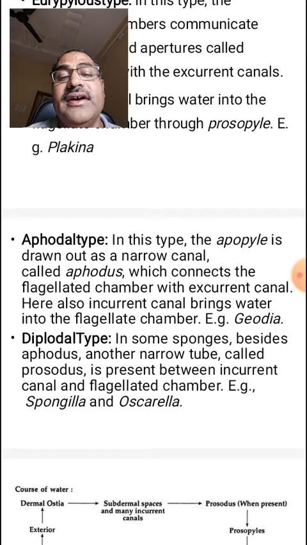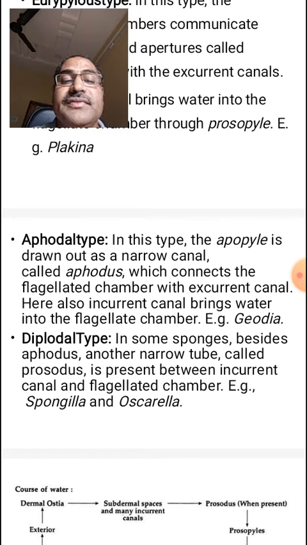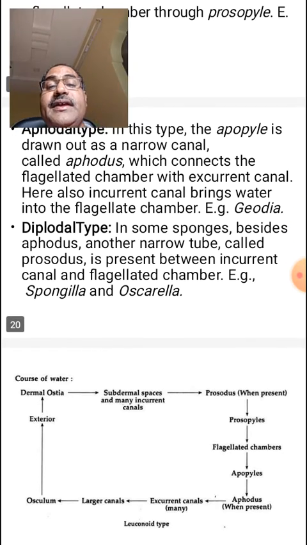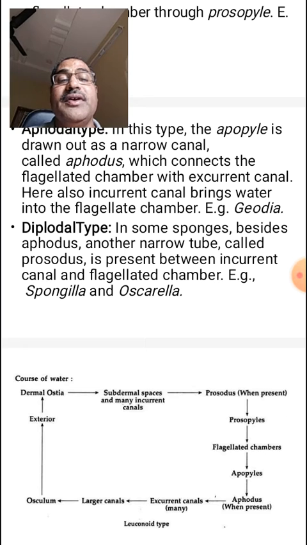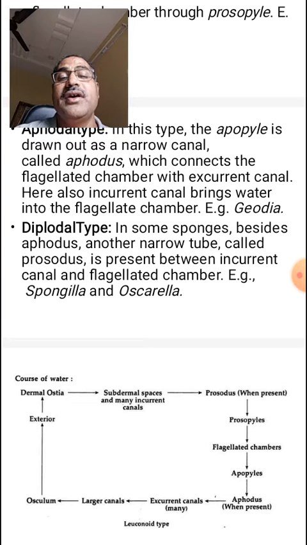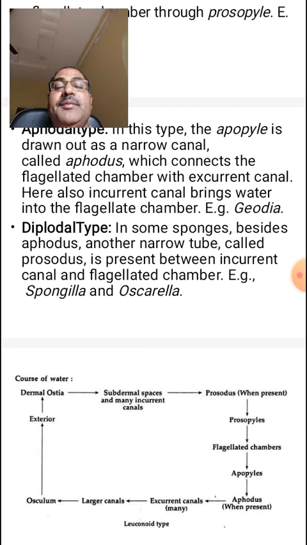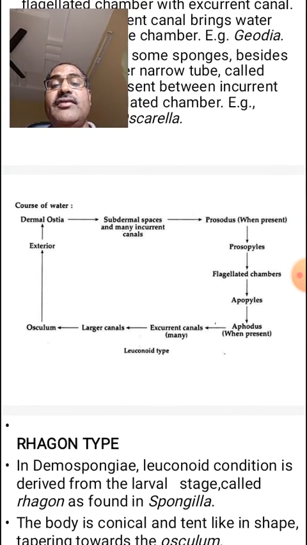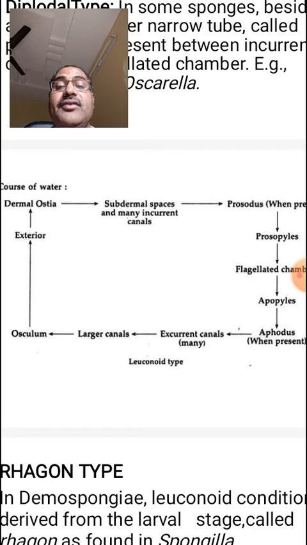Here also the incurrent canal brings water into the flagellated chambers. Example is Geodia. In the diplodal type, in some sponges, besides the aphodus, another narrow tube called prosodus is present between the incurrent canals and flagellated chambers. Example is Spongillina.